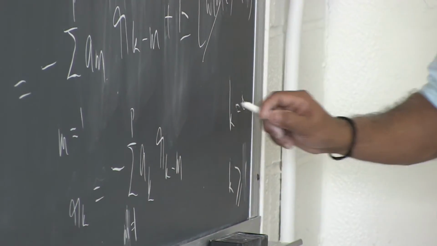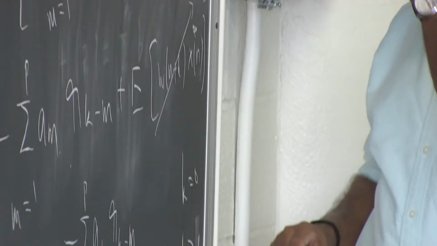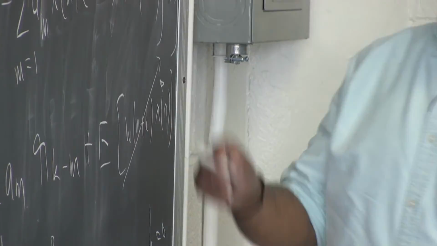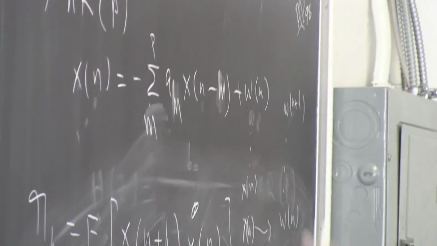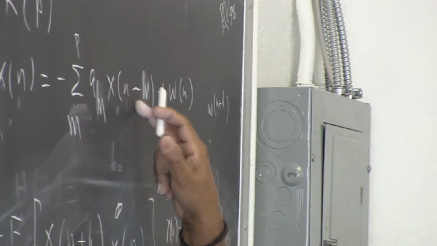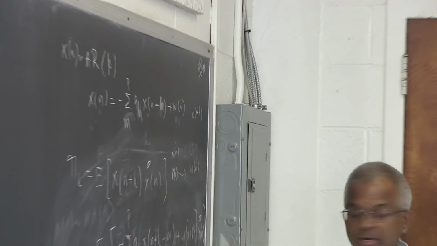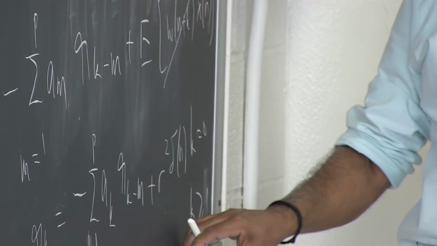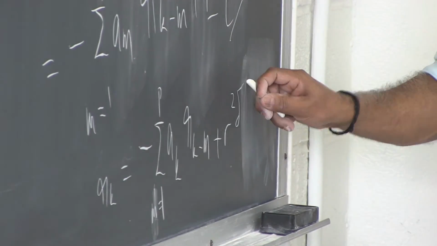Hold on, we have to take the case when k is 0, where you have w_n and x_n. By the same argument, w_n is uncorrelated with all the previous values, and the expected value of w_n squared is sigma squared.